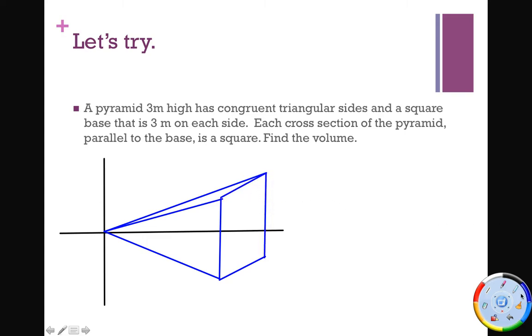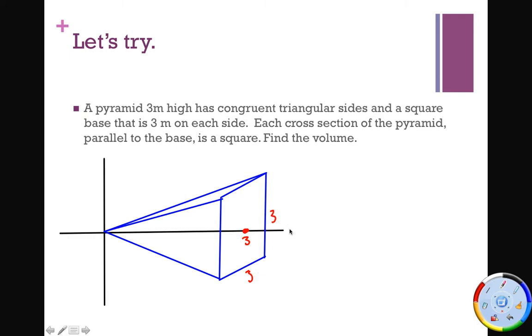Ooh, look at those straight lines. All right, we're given that this pyramid is 3 meters tall. So at the base on the x-axis, that's 3. It also tells me that the width is 3 and 3 across the base.